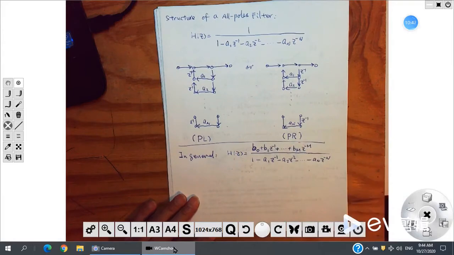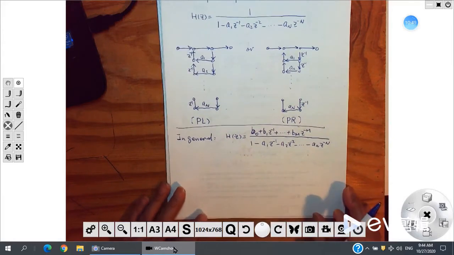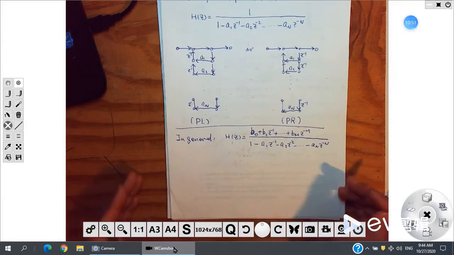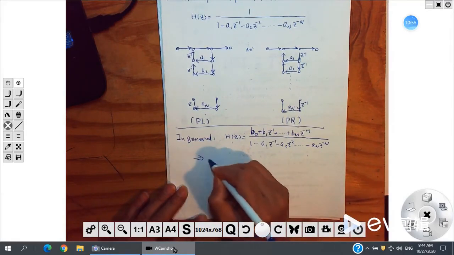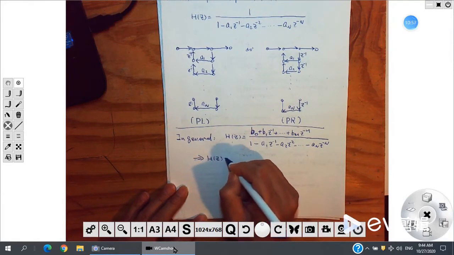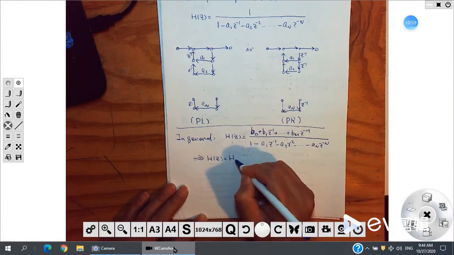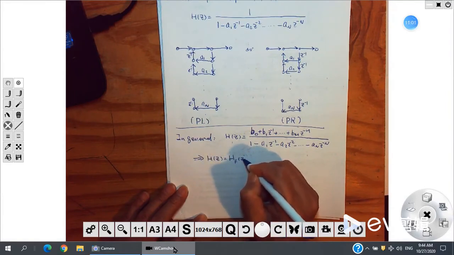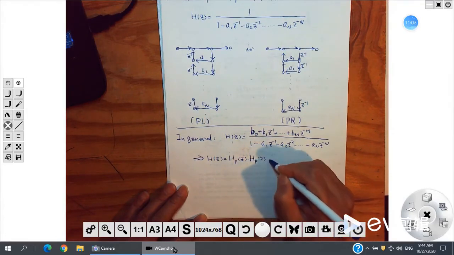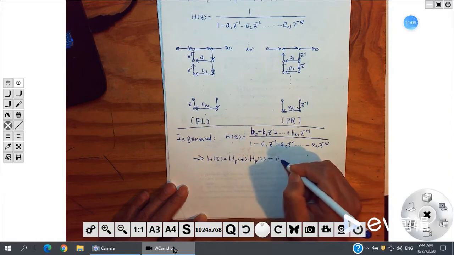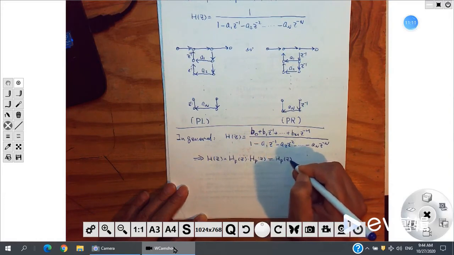Then, how to give the structure of this? We can write H of z equal to H of the FIR filter times H of the all-poles filter, or reverse the order of these two, HP of z times HF of z.